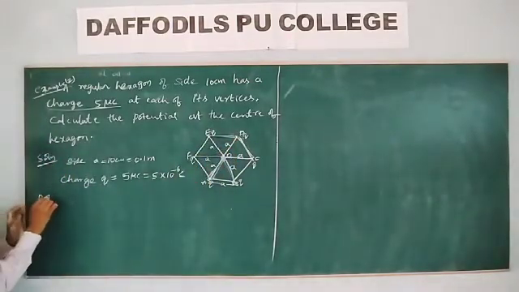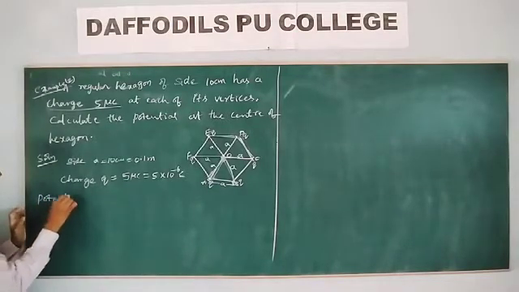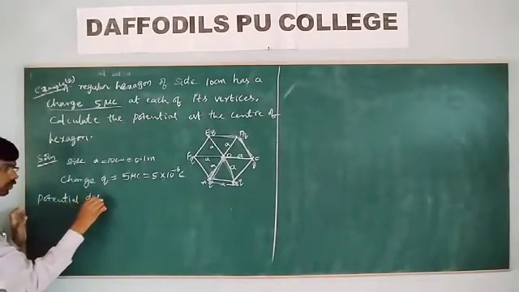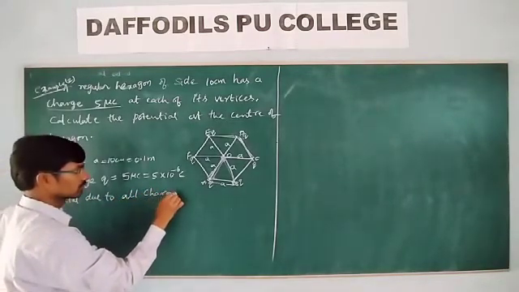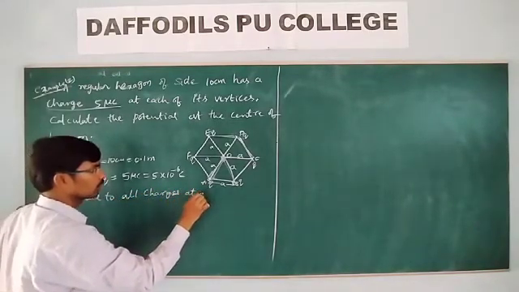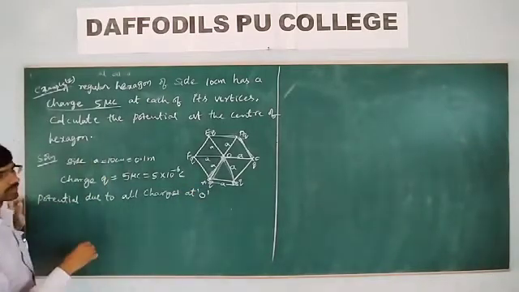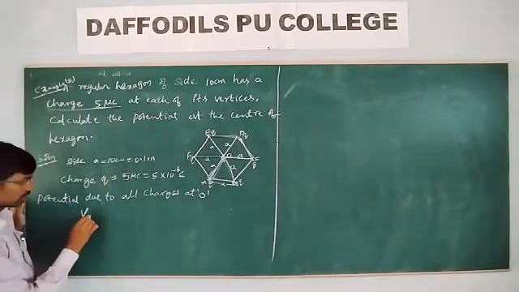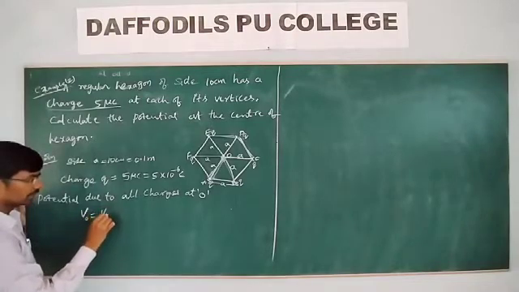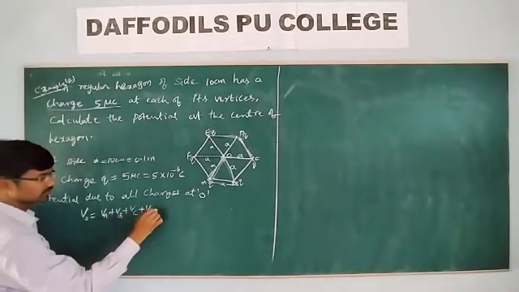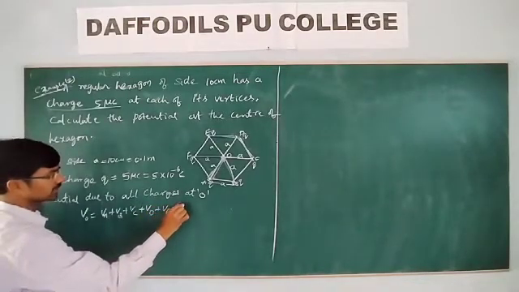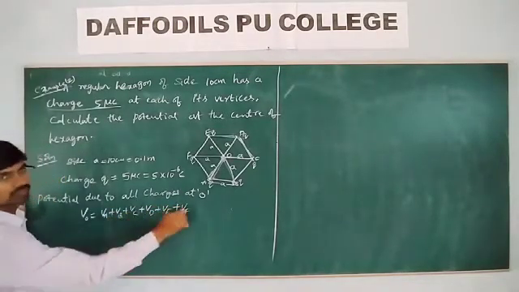Therefore, potential due to all charges at O is V naught is equal to VA plus VB plus VC plus VD plus VE plus VF.